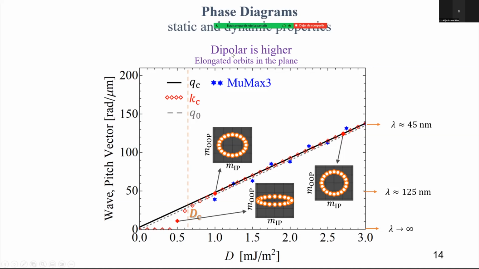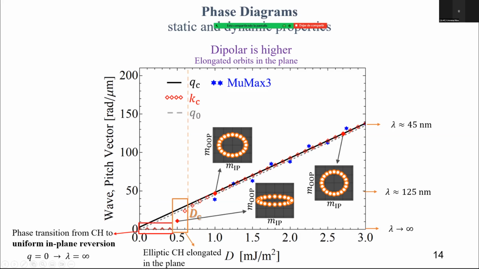In this case, we compared the dipolar energy when it's higher than the perpendicular anisotropy, so we will expect elongated orbits in the plane. And we can see here that the wave vector, which is related to the period of the magnetic texture or the period of the spin wave, decreases, meaning a different state than a circular conical helix.